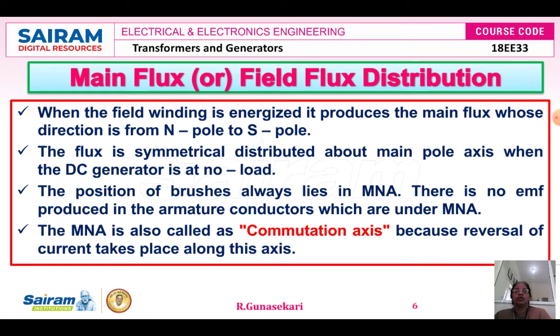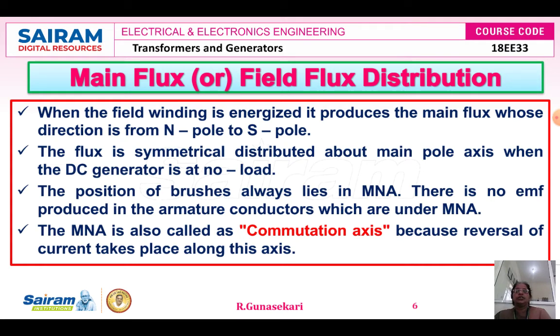Then the flux produced by the main field winding is uniformly distributed and symmetrical. Under no load DC generator condition, the flux produced by the field winding is symmetrical and uniformly distributed.